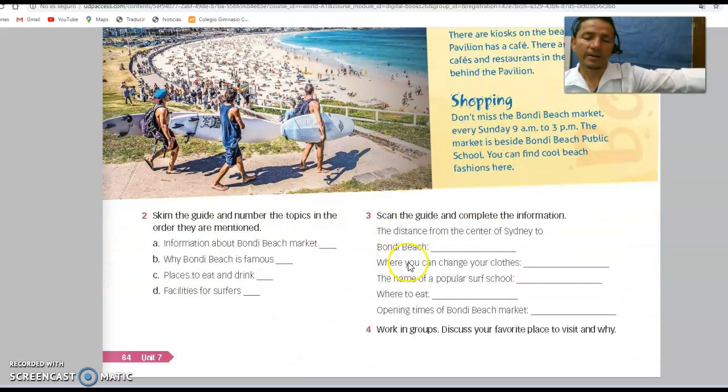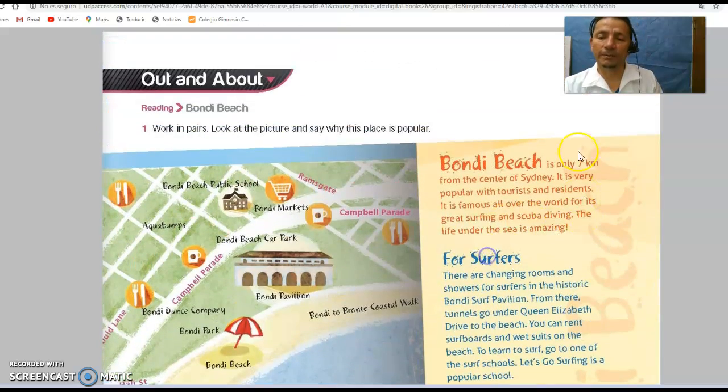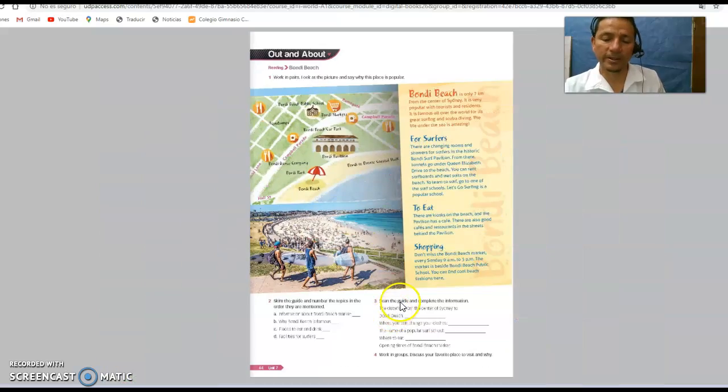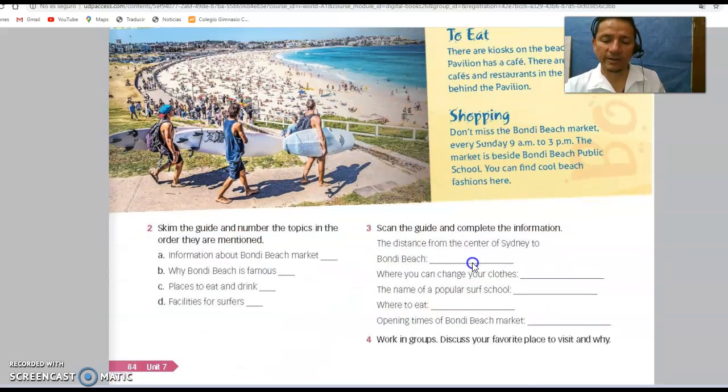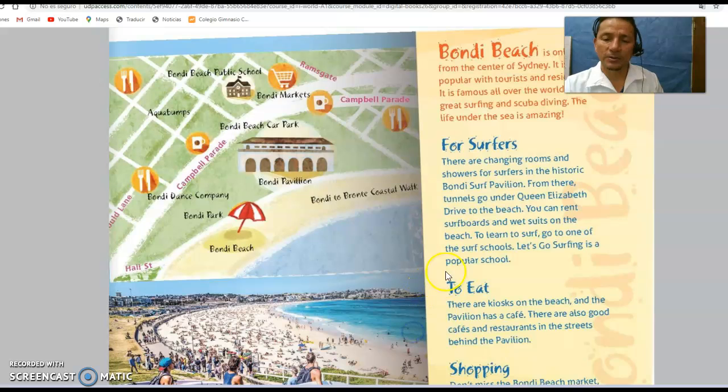All right. 3. Scan the guide and complete the information. The distance from the center of Sydney to Bondi Beach is. So the answer here you're going to find here. It's only 7 kilometers. Okay, so you write here 7 kilometers. Where you can change your clothes. Where? It's in a place.